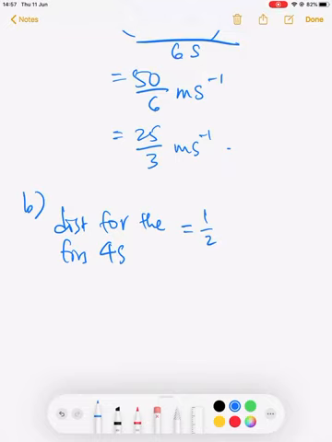Uniform speed, you can see the 10, so half of (t minus 4) times 10.